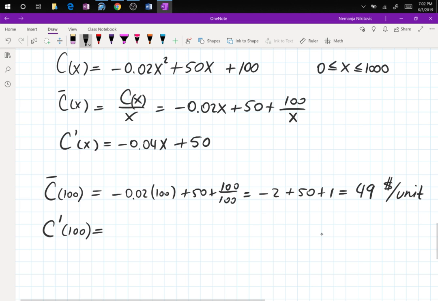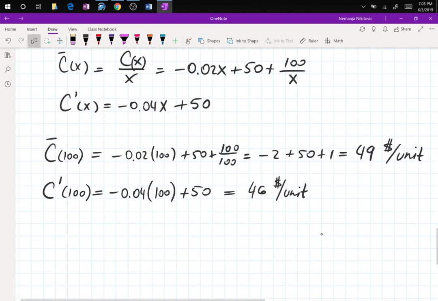You went all the way to the 100th unit coming out. What is the cost to produce that unit? Negative 0.04 multiplied by 100, you get negative 4, plus 50, that's 46. So $46 for that unit.